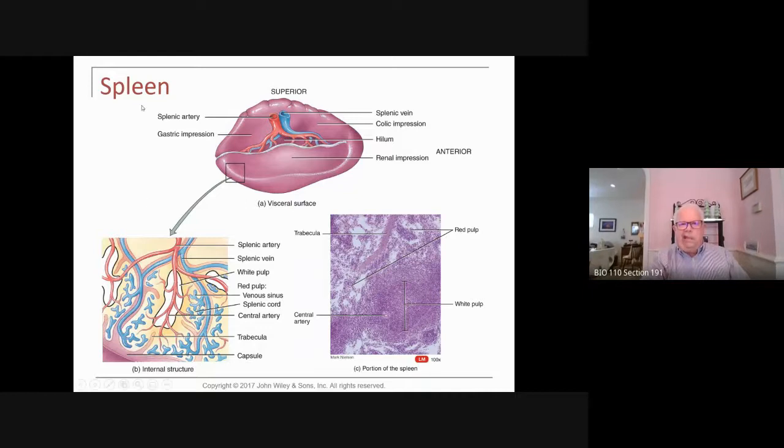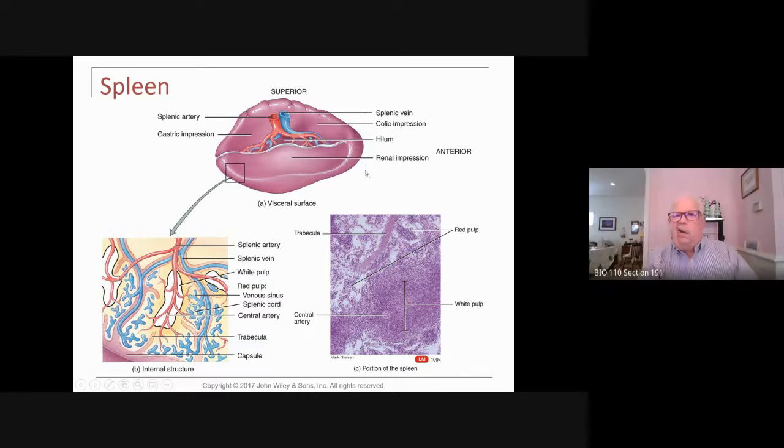The spleen. The spleen is the largest secondary lymphatic organ. It's in your left upper quadrant of your abdomen, and it has many functions besides immunity. When we get into more of the bloodstream and the spleen, I will tell you more about it.